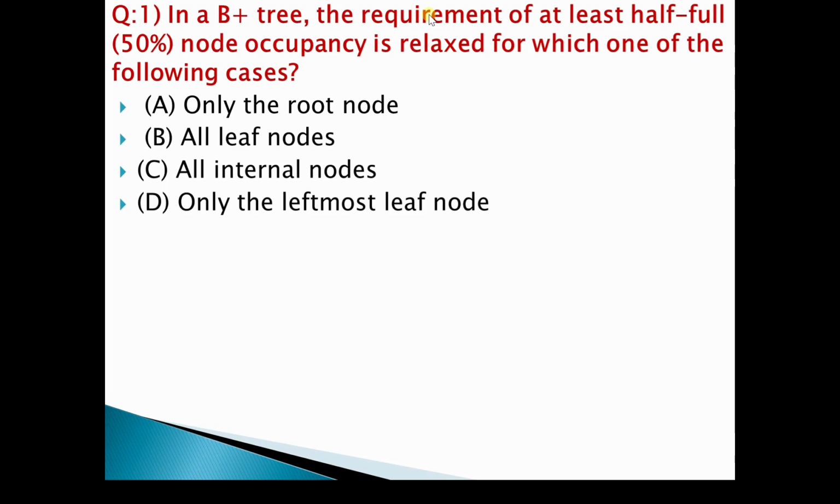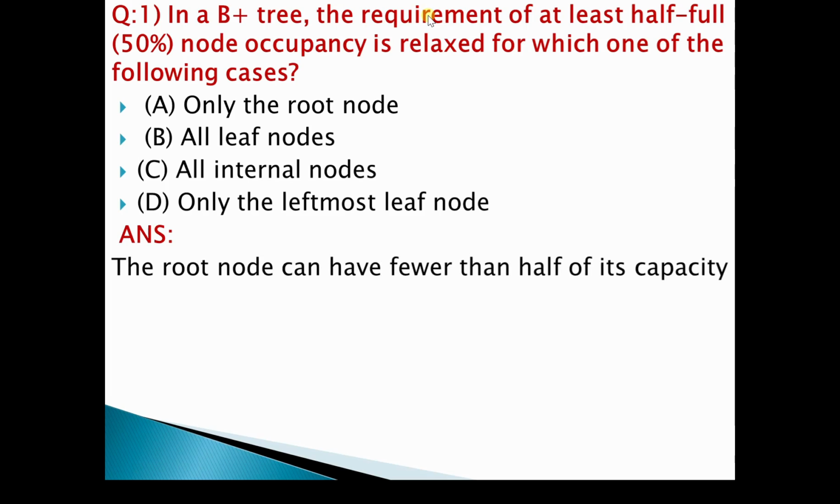The answer is, we can relax this requirement only for the root node. Why? Because in a B plus tree, the typical requirement given here is 50% occupancy. That is, both internal and leaf nodes must be at least half full. But this rule can be relaxed for the root node, because the root node can have fewer than half of its capacity.